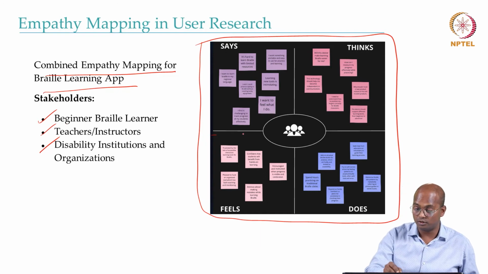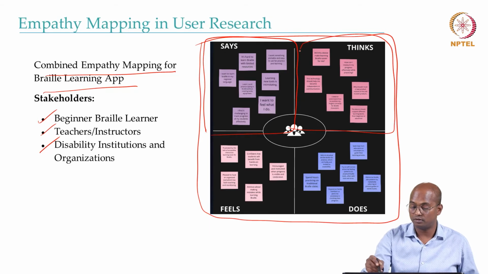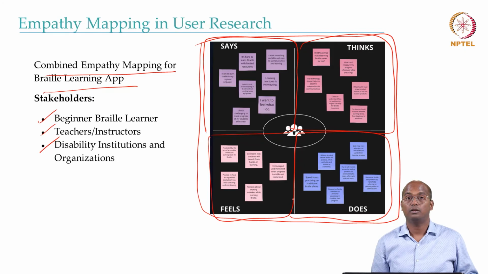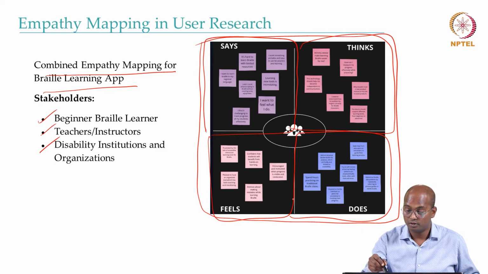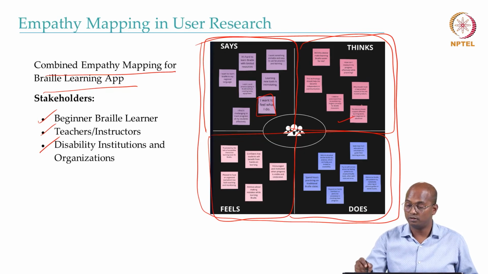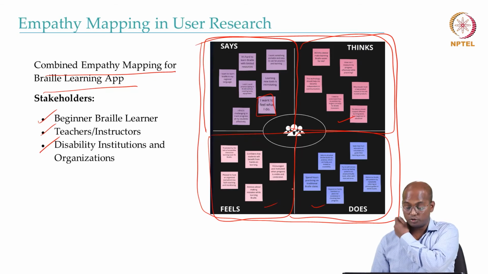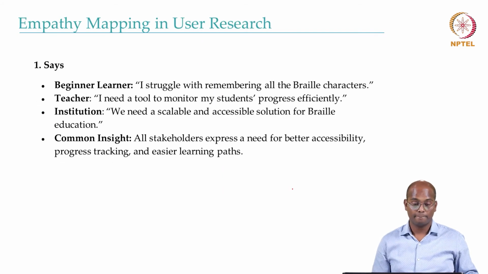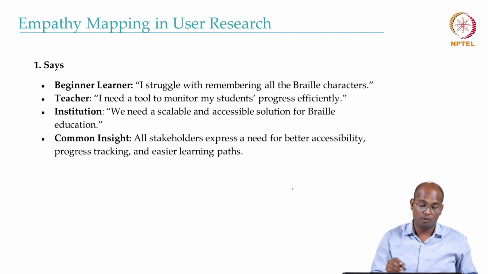In this case, as you can see here, we write says, thinks, feels, and does based on the criteria we mentioned earlier. Like these are the exact statements given by the user: I want to feel what I do, right? Similarly, you can see for thinks, for does, for feels, you can do that for your projects as well.